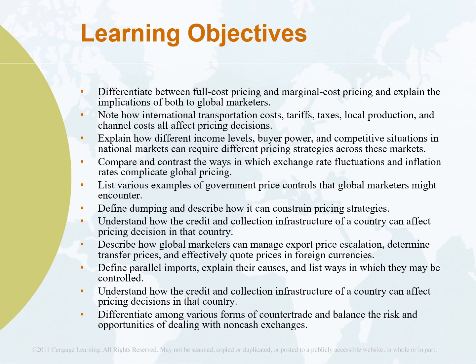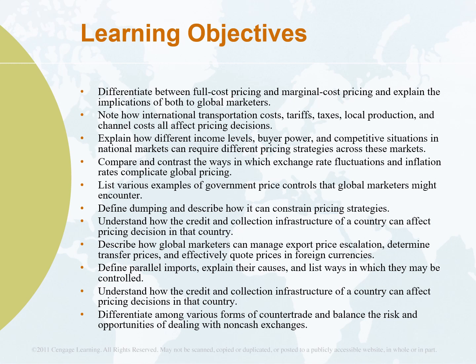Know how international transportation costs, tariffs, taxes, local production, and channel costs all affect pricing. Explain how different income levels, buying power, and competitive situations in national markets can require different pricing strategies across these markets. Compare and contrast the ways in which exchange rate fluctuations and inflation rates complicate global pricing.